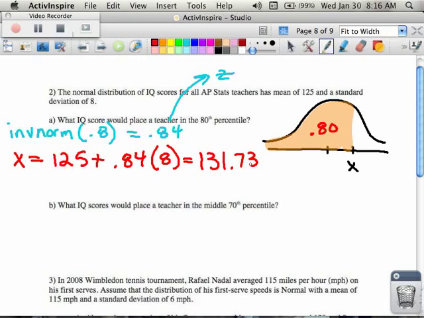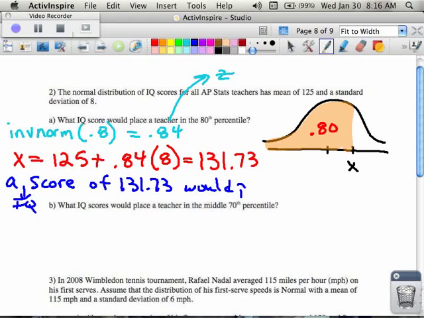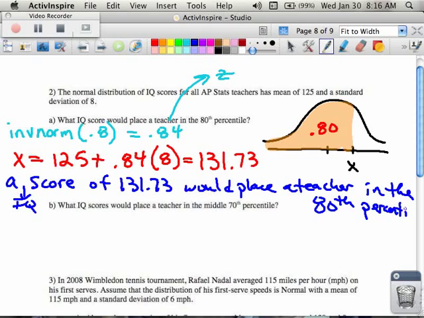And then, of course, you would write a sentence that says a score of 131.73. You probably should say an IQ score, sorry, of 131.73 would place a person in the 80th percentile. Because again, they want you to say it. So write the sentence.